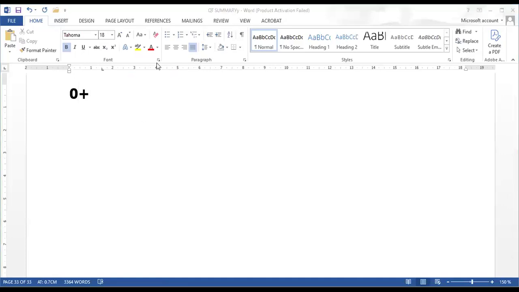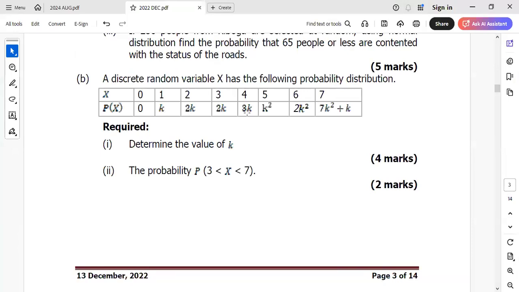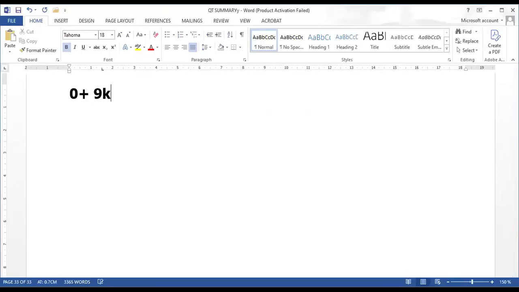If you add k, 3, 5, 8, 9, isn't it 9k? Then plus 10k squared. Then you equate this one to what? To 1, because you are summing up.